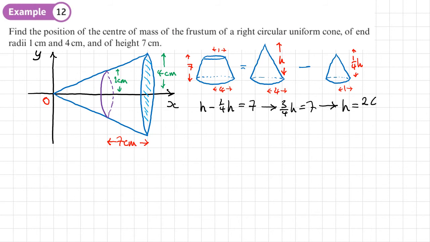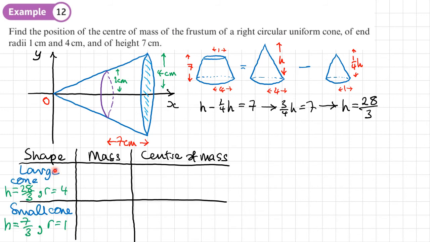Now we're going to use this table to work out the centre of mass of the frustum. So we need the mass and the centre of mass of each part of this composite shape. We're going to be subtracting, aren't we? So first of all, starting with the large cone, we've got its height and its radius. And for the small cone, its height is given as a quarter h, which is 7 over 3, and a radius of 1.